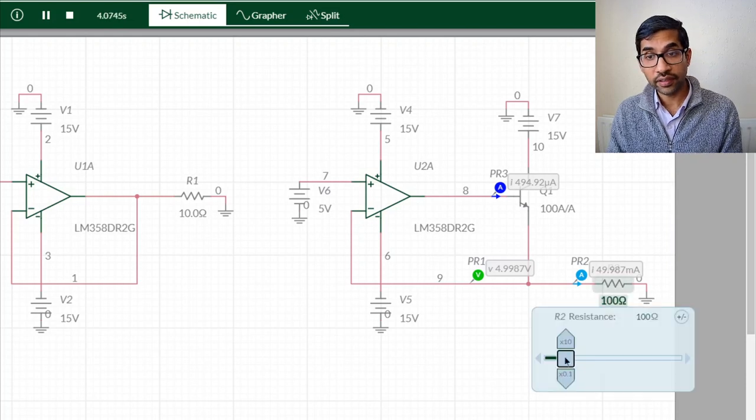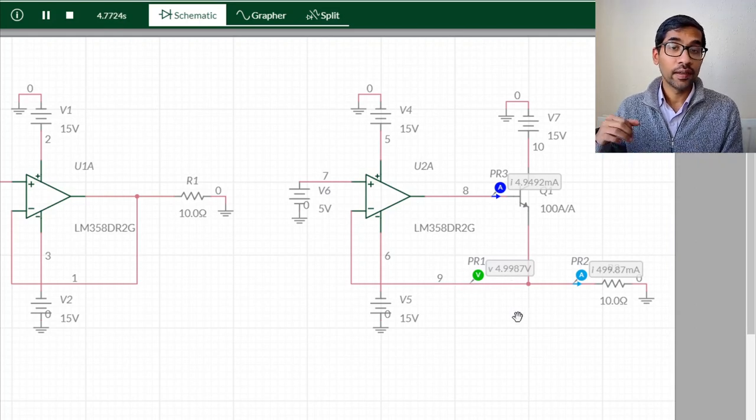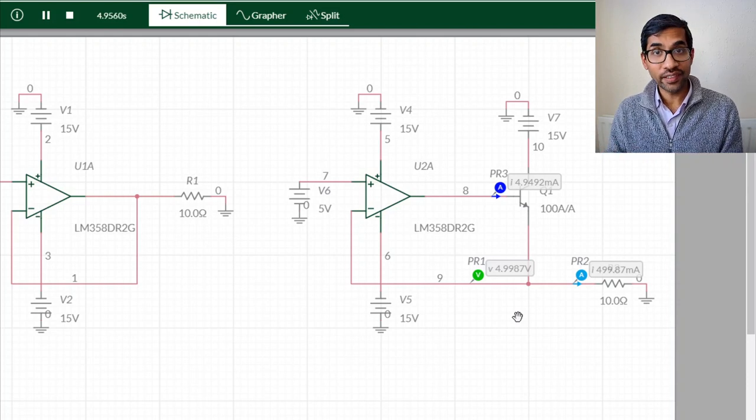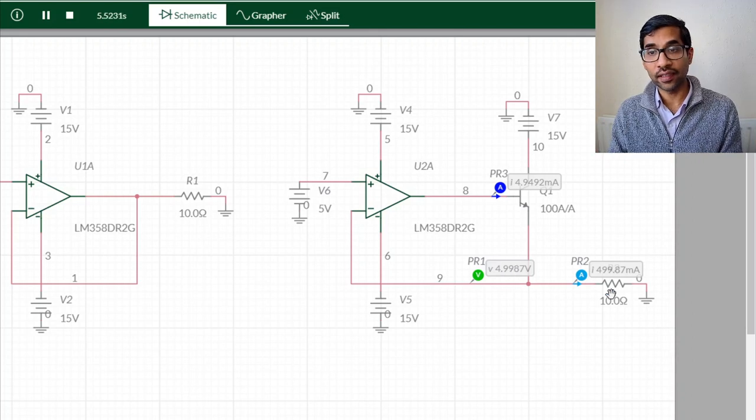Reduce the resistance a little bit more and you will see it is still being able to supply, because this voltage is still 5 volts. So the op amp is doing its job by giving 5 volts output even at this stage.